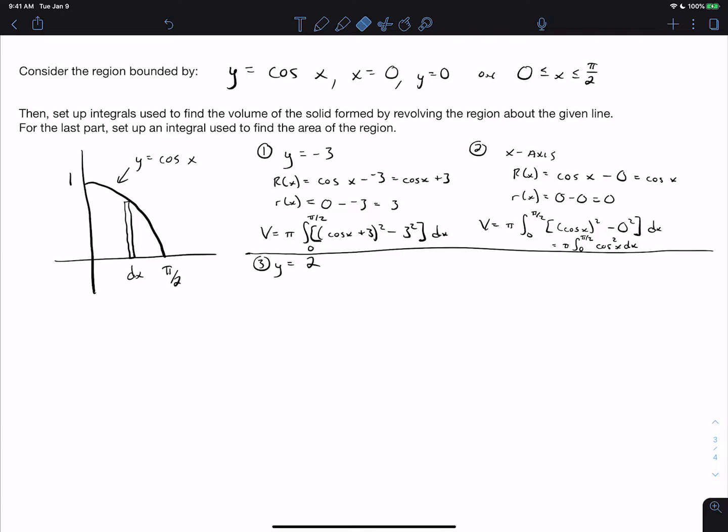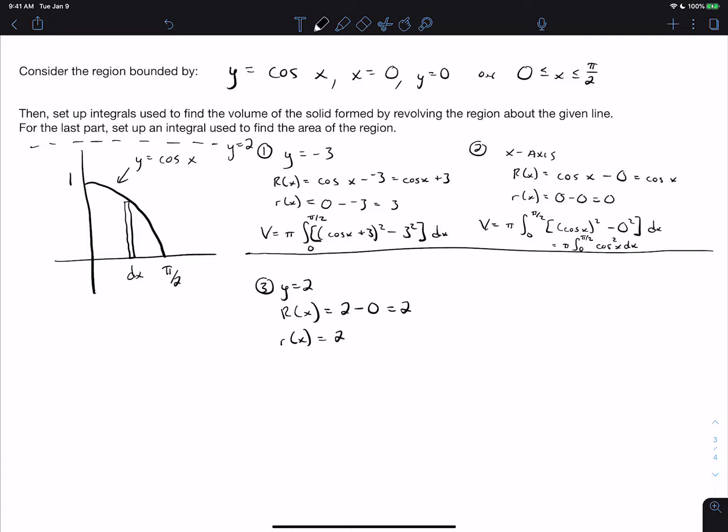For problem 3, y equals 2 is a horizontal line above the region. So we look at the line as being up here. Again, disk washer method because we think of the rectangle as being perpendicular to the line. Big R is the distance from the line to the farther away end of the rectangle. That's 2 minus 0, which is 2.